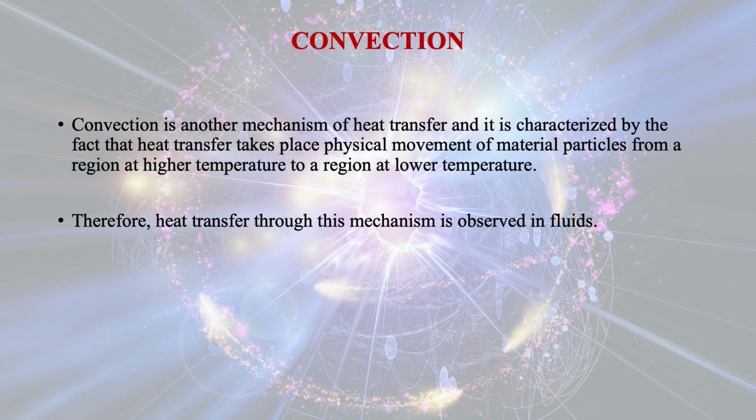Convection is another mechanism of heat transfer. It is characterized by the fact that heat transfer takes place by physical movement of material particles from a region at high temperature to a region at low temperature. Therefore, heat transfer through this mechanism is observed in fluids. Now, how is the convection process going on?